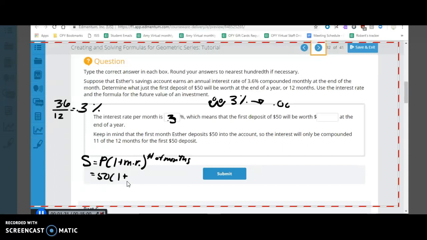So we get 0.003 is our rate. And then the number of months was 11. So we're going to have 50 times 1.003 to the power of 11. You're going to use your calculator for that, but that should be pretty easy.